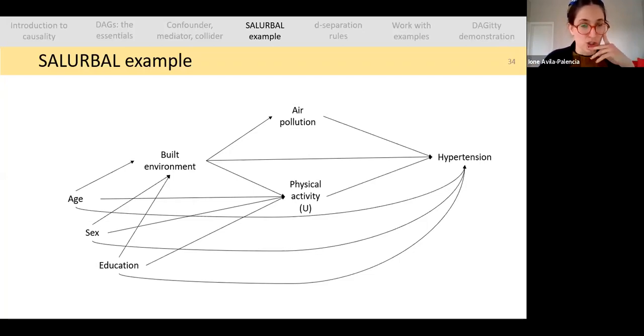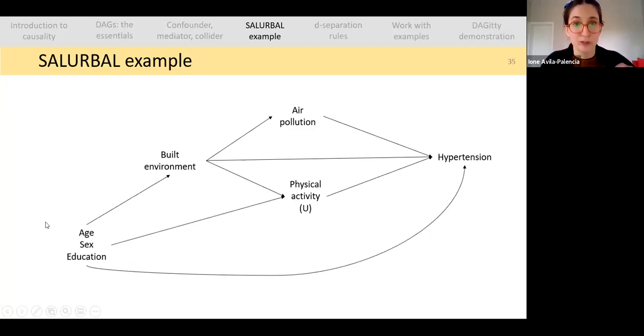Okay? Another thing that sometimes can be useful when you are drawing a DAG is that, for example, these three variables here, age, sex, and education, which all have the same three arrows, you can put them all together just to simplify your DAG and to make it more visual or easier to work with.